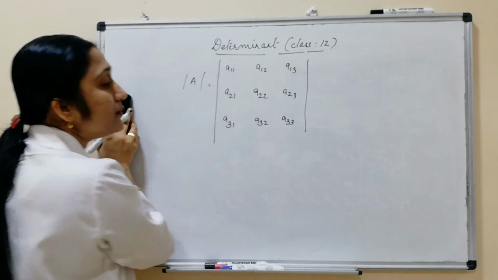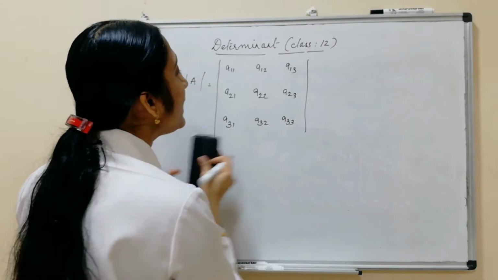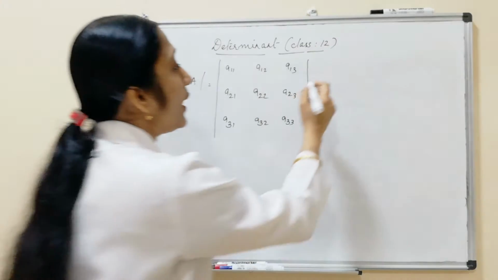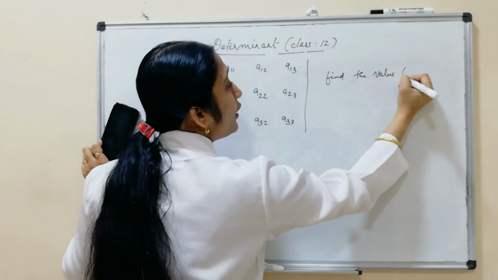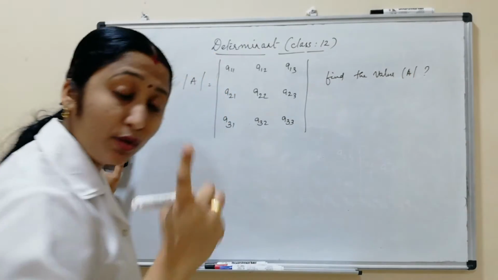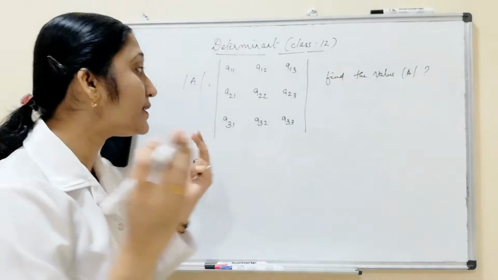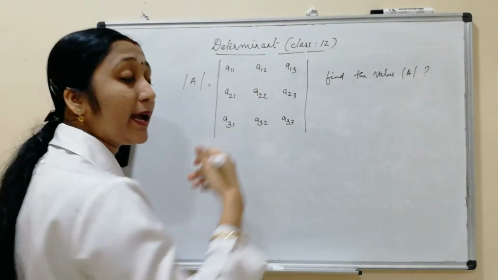This is the 3 by 3 matrix. How do we find the value of determinant A? If it is order 2, it is very easy: cross multiply and subtract.